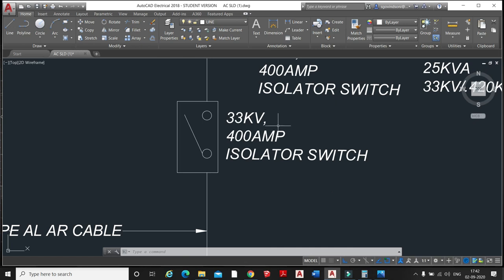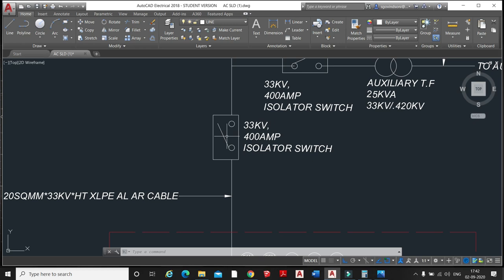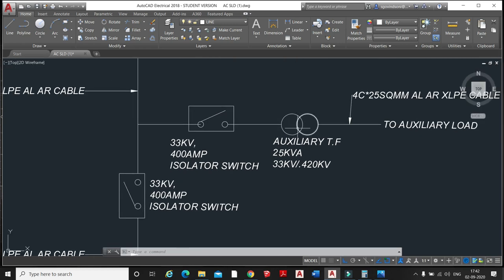The rating of this isolator is 33 kV, 400 ampere. The minimum rating that comes in the market is 400 ampere. This is your auxiliary transformer, and this isolator switch is also provided before the auxiliary transformer from the O&M point of view.